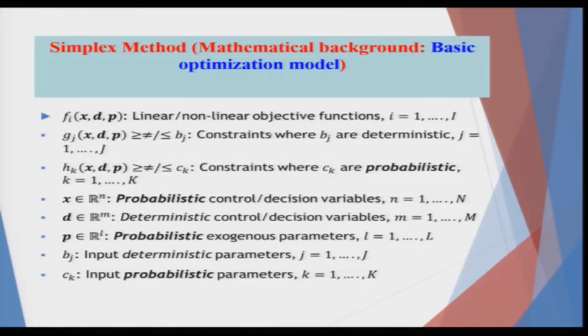And as I mentioned, x, d, p are the probabilistic control variables. I am mentioning that time and again, please bear with me. D is the deterministic control variables and p is the probabilistic exogenous parameters, where the sizes of x, d, p depend on the dimensions capital N, capital M and capital L. Bj is the input deterministic parameters, which is very apparent from the explanation I gave, and Ck is the input probabilistic parameters.